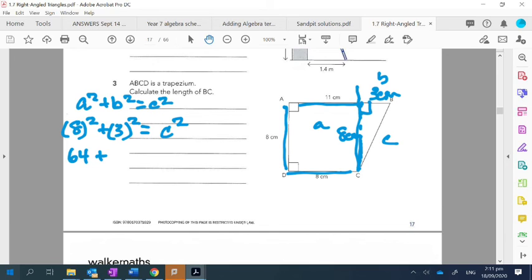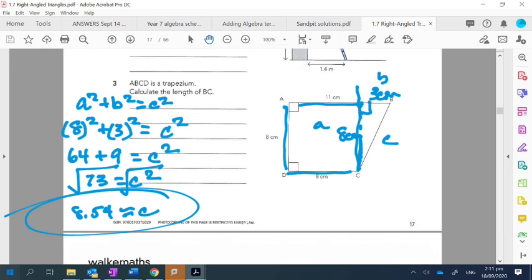Plus 3 squared is what? 9. 64 plus 9 is 73 equals C squared. Are we done? Take the square root of both sides. That gives us 8.54, approximately C.